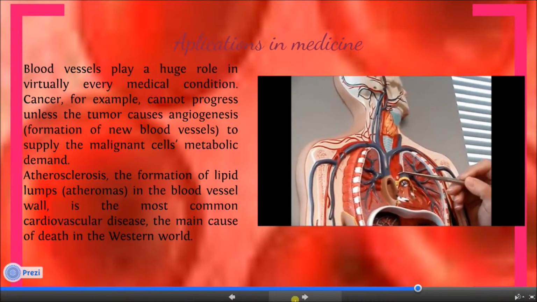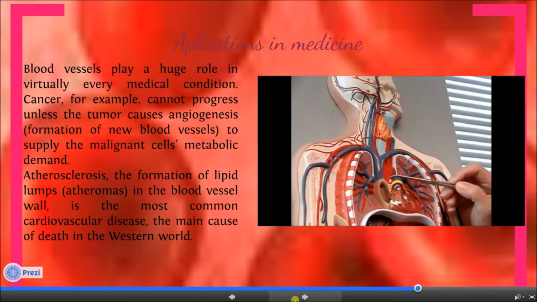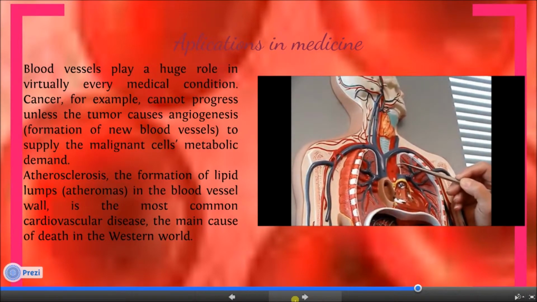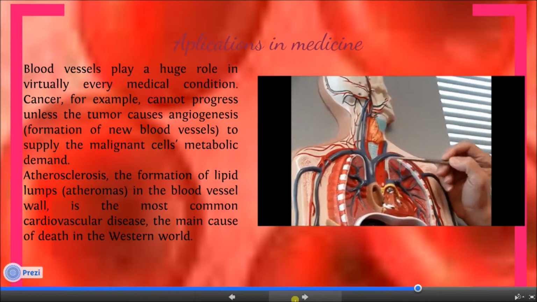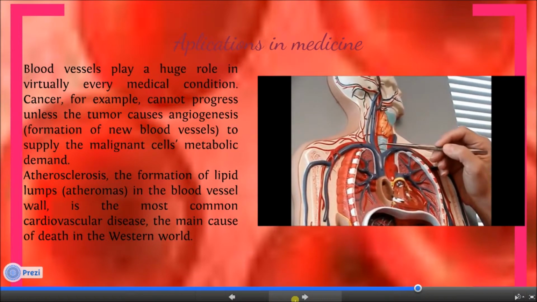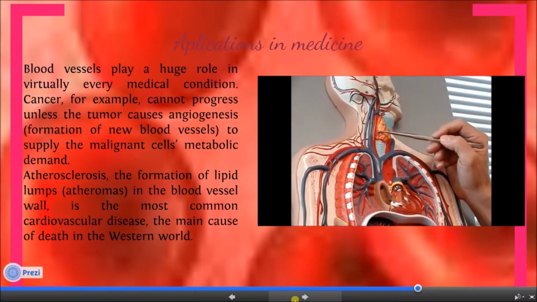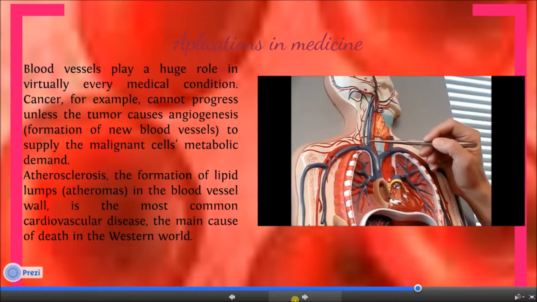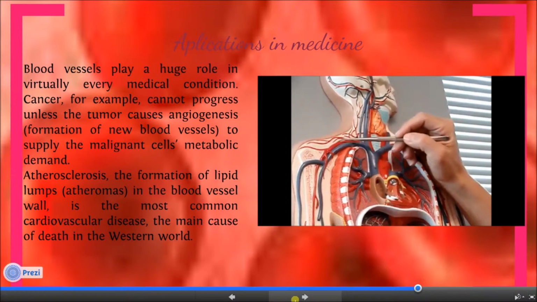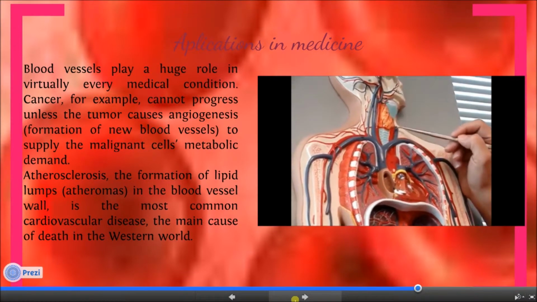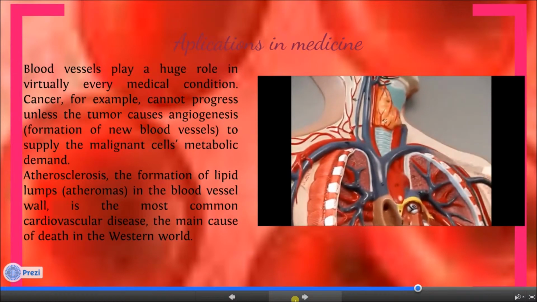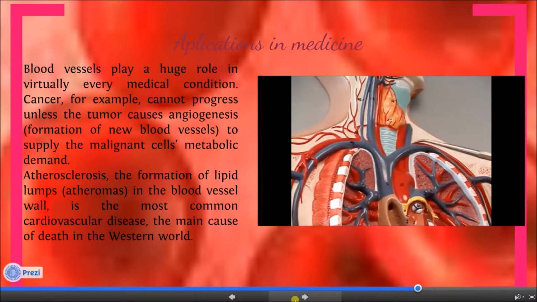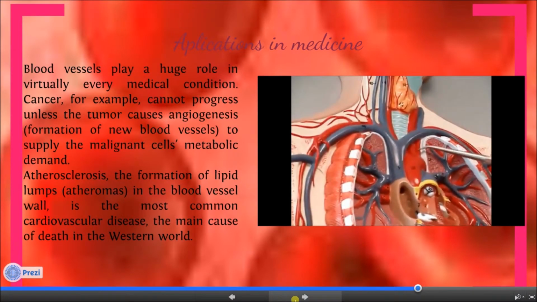We'll start here at the heart with the aorta. We have our ascending aorta and then the aortic arch. Coming off the aortic arch, we have our brachiocephalic, which branches into our common carotid and our right subclavian artery. We also have our left common carotid coming off, and then the left subclavian artery coming off as well.